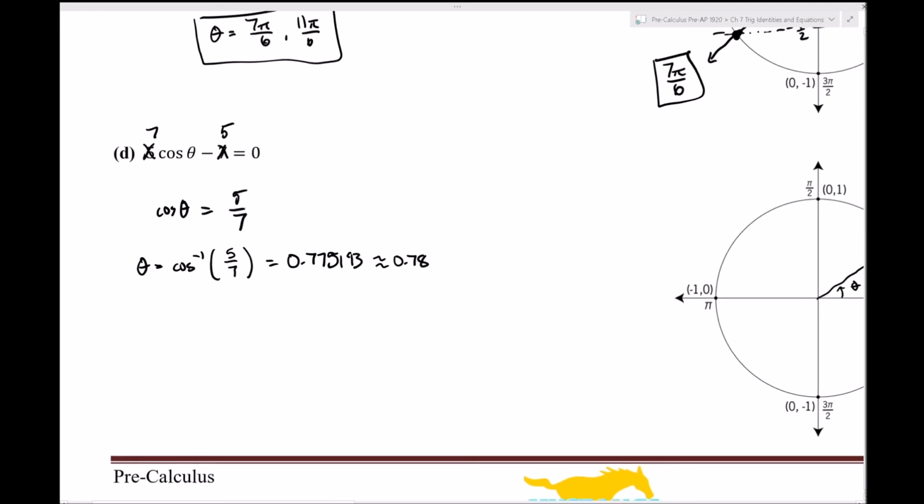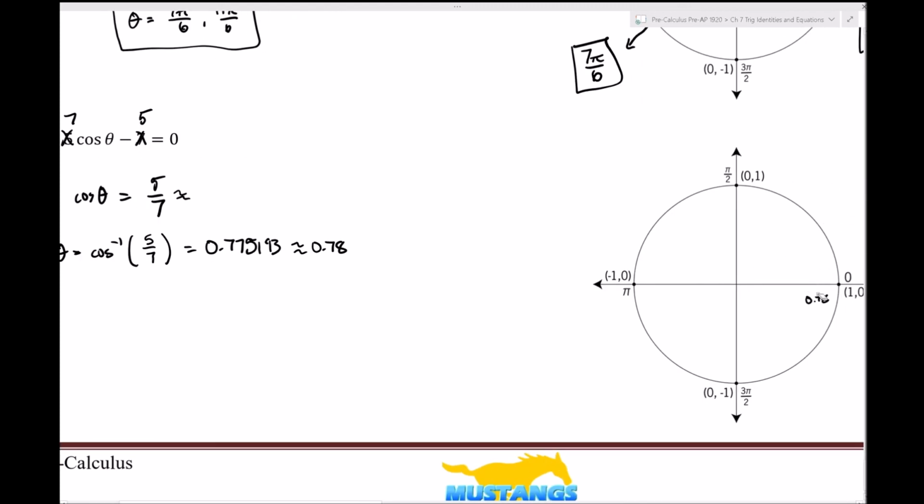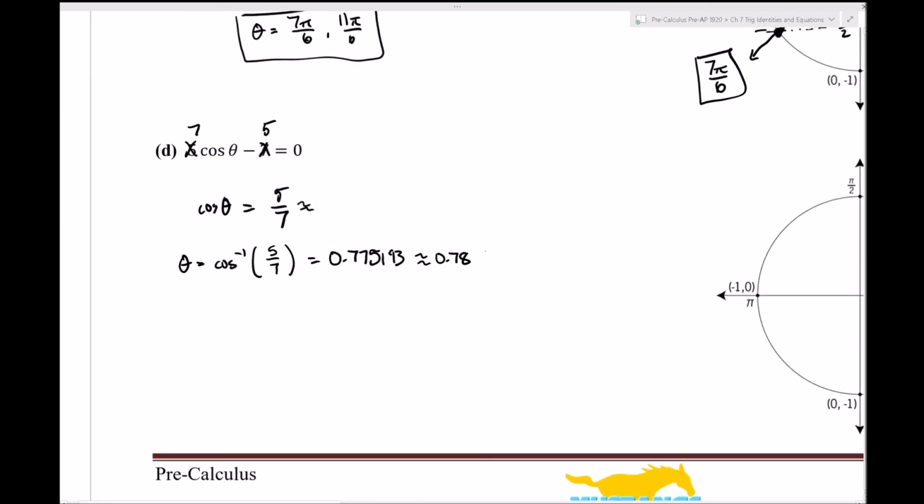So first off, 5/7 is approximately how much? I've got to erase that, because this is theta, this is the angle. 5/7 is approximately 0.71428 something something. So that's about 0.71.